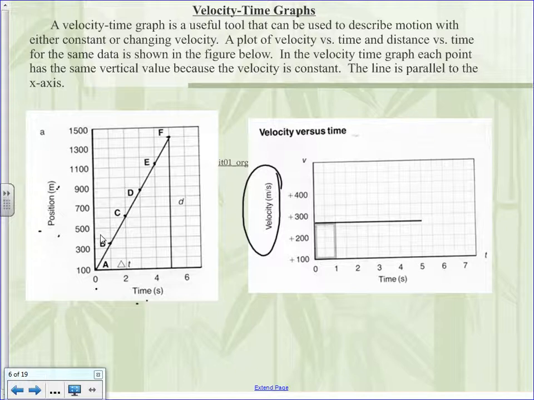I'm going to find 2 points on the line. I'm just going to use the beginning and the end because they're both at grid intersections. It starts at 100 down here.